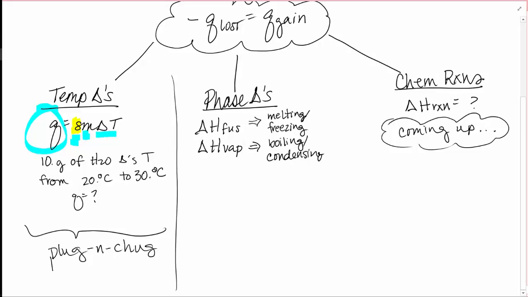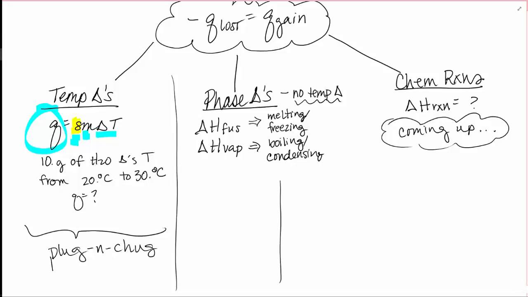What we're going to focus on today, because that's old, are phase changes. When a phase change occurs, there's no temperature change at the point that the phase change is occurring. I'm going to show you two different examples.